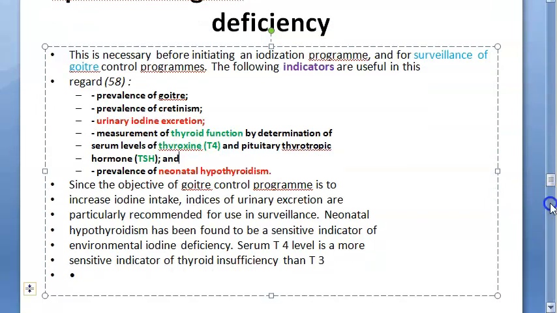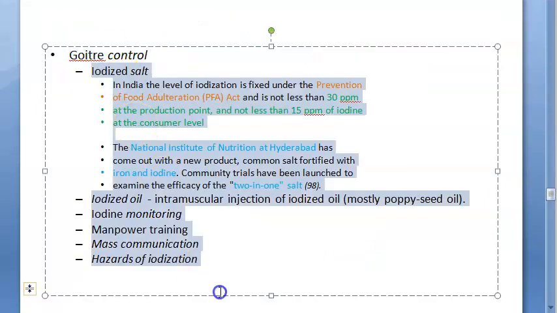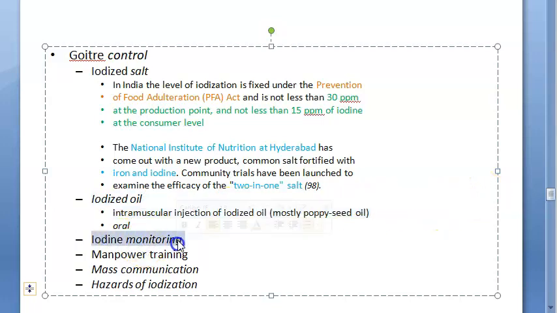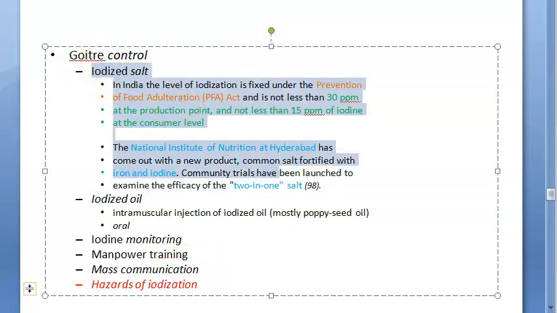So now you understood what the indicators are for iodine deficiency. Very good. Now let's move on. See, under goiter control, you have so many things: iodized salt, iodized oil, iodine monitoring, which we already saw, manpower training, mass communication, and hazards of iodization. Iodine can become a poison also. That is iodism. Anyways, we'll come to that. Basically, iodized salt.